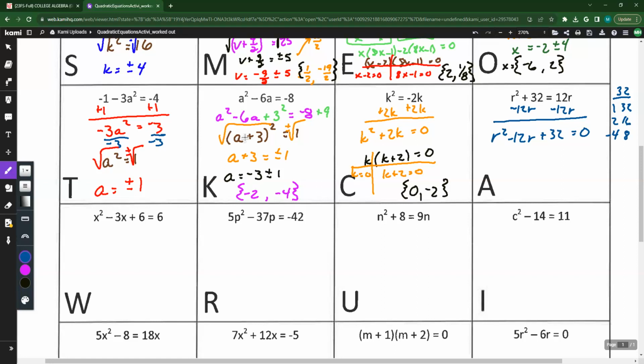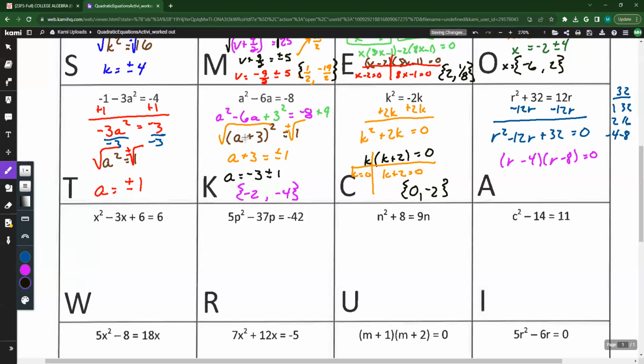So I'm going to have a -4 and a -8. Because this is starting with an r squared, I can just automatically know that it's going to be an r and an r, and then I'm going to put these in the back: (r - 4)(r - 8) equals 0.